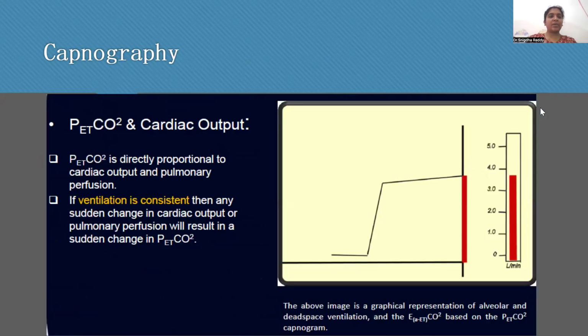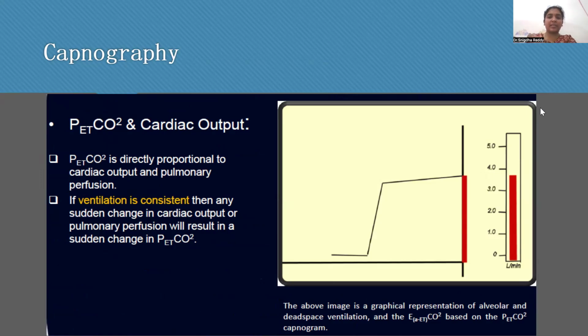EtCO2 is directly proportional to cardiac output and pulmonary perfusion. If ventilation is consistent, then any sudden change in cardiac output or pulmonary perfusion will result in a sudden change in EtCO2.